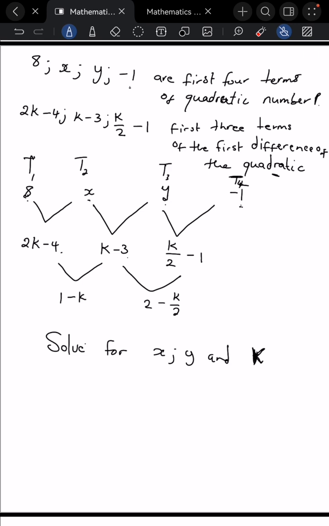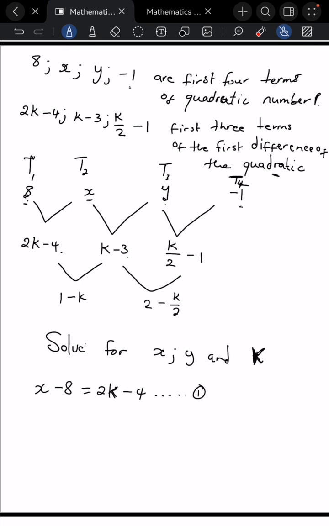All right. From what we can see here, we can start with the most basic: t2 - t1, which is x - 8, is equal to 2k - 4. It's given. The difference between t2, which is x, and t1 should be 2k - 4. We label this as our first equation.